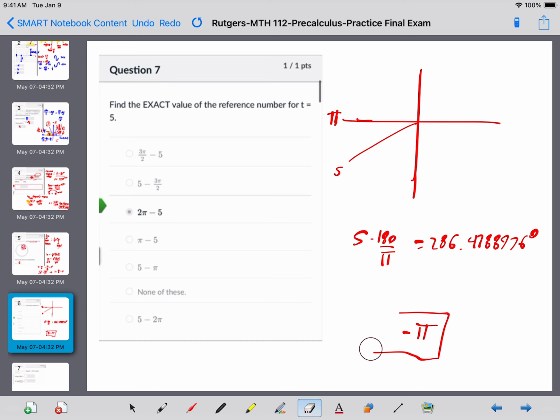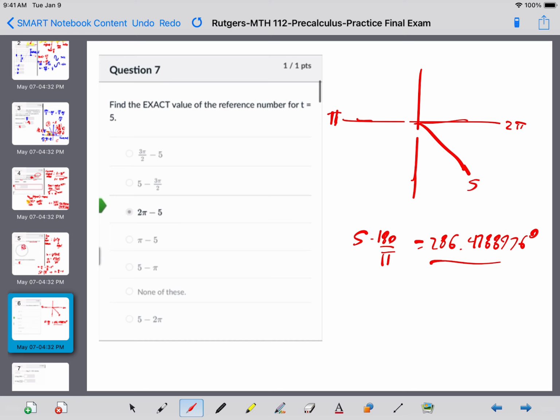I'm sorry. It's 286, so that's in quadrant 4. If it's in quadrant 4, you would take 2 pi and you would subtract the 5. So it's 2 pi minus 5. Okay?